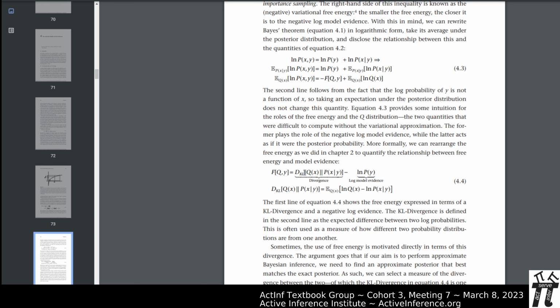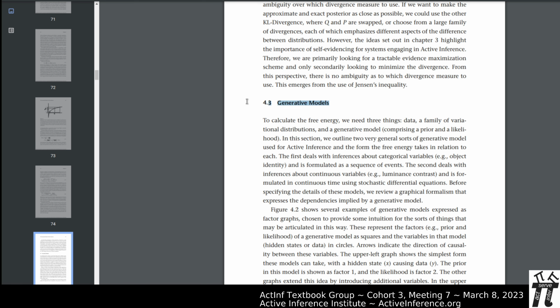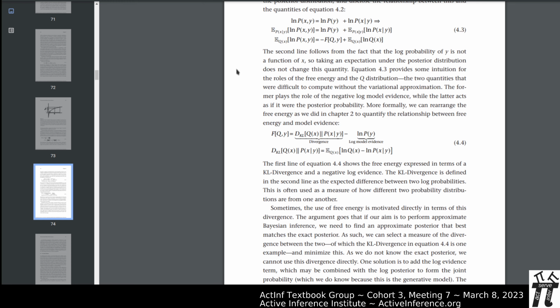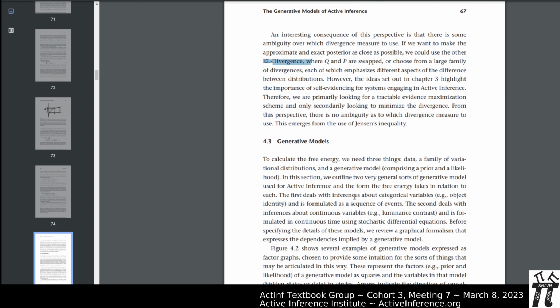More equations, some transformations of logs and model evidence. Yes, exactly. The two people who I reference. Sounds great. That log discussion is going to yield the KL divergence.